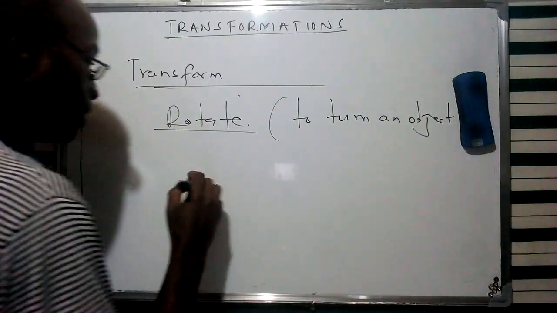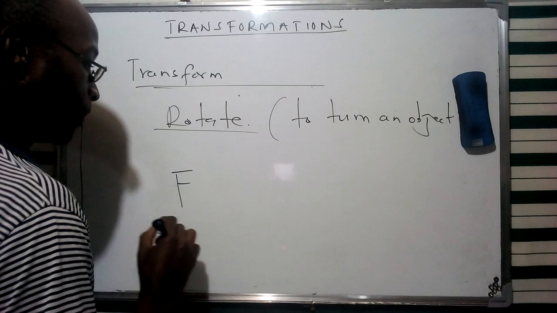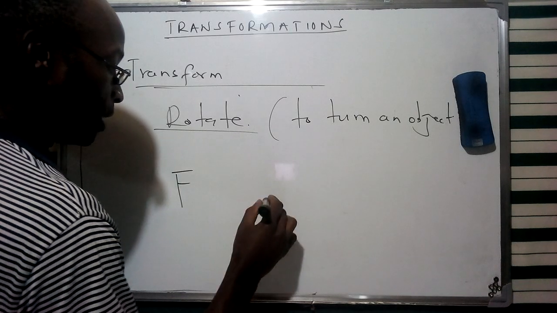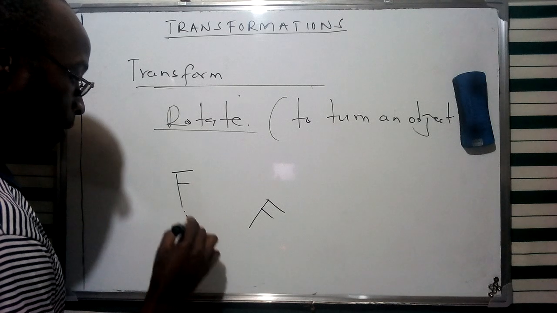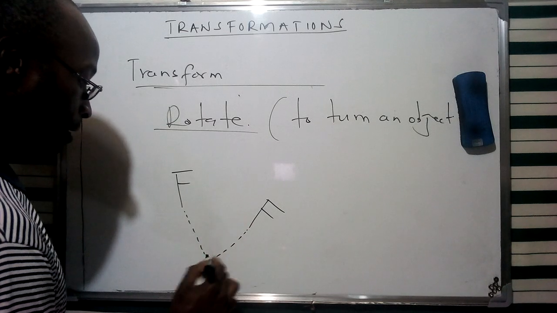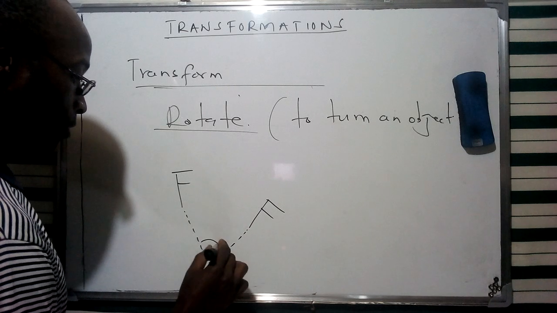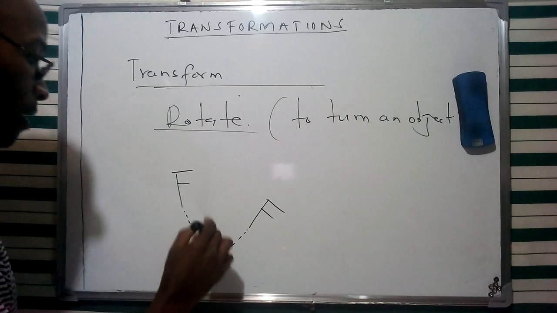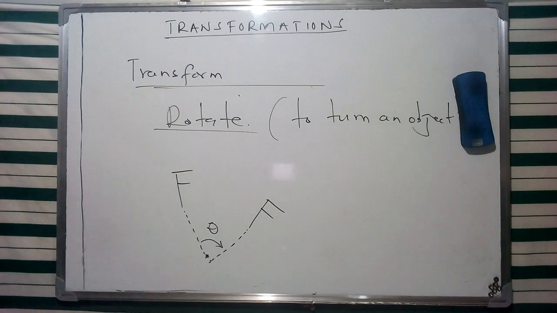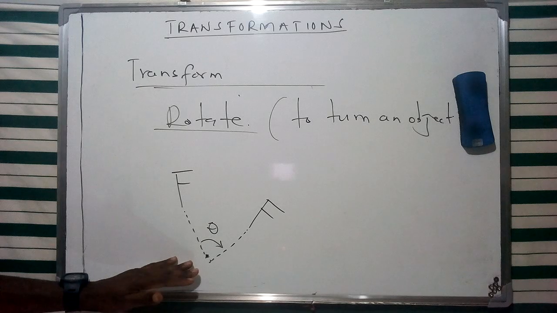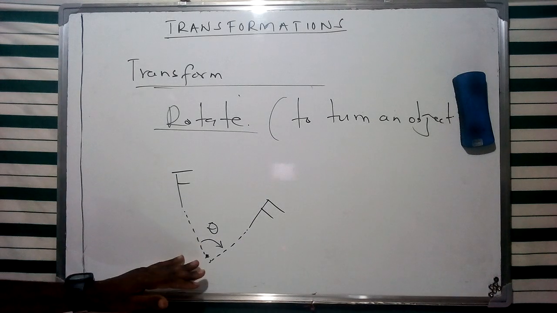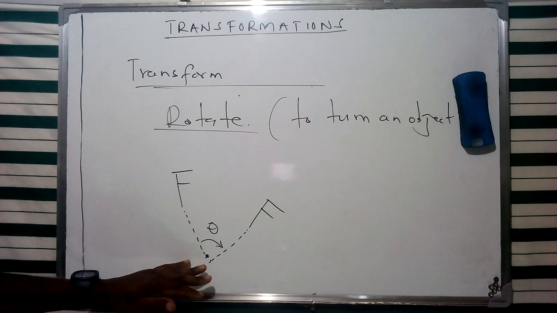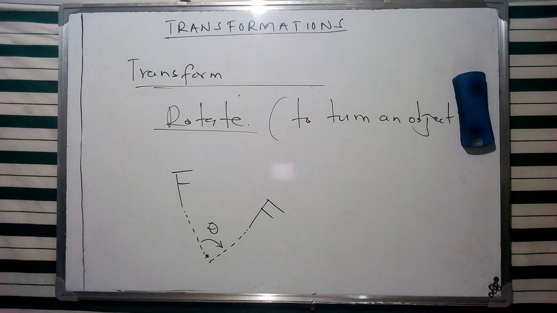If we have an object F, we can turn this object to face a particular direction. This involves a particular point of focus, which we are going to see later, and a difference in angle, which we are going to discuss later. So the concept of a rotation means to turn an object, and it can be illustrated using the figurative illustration that I've given on the board.